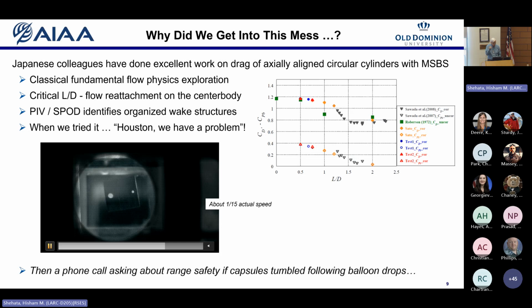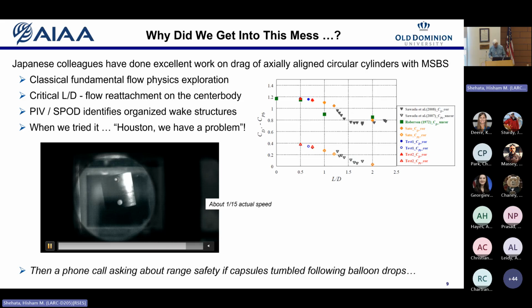You've got to impose a tumble rate and so on and so on. But then a year or so, maybe 18 months ago, my NASA lead, Mark Schonenberger, gets a call or an email from somewhere. What if we drop these capsules from a balloon and they start descending? And if they start tumbling, are they going to drift off and cause a range safety issue?